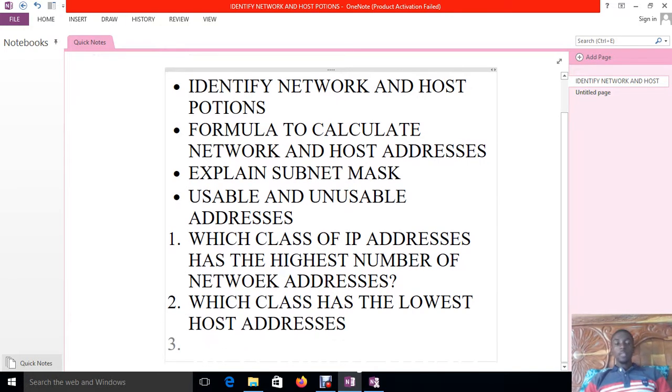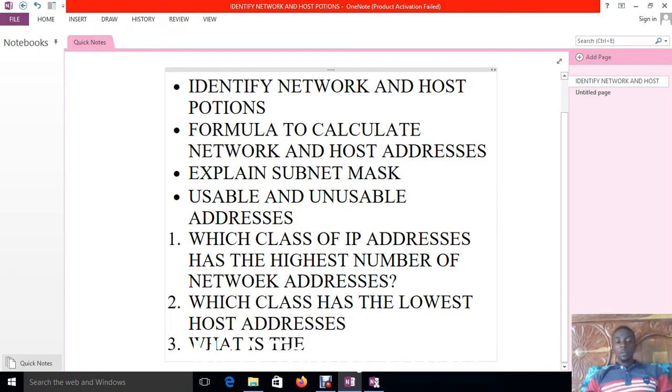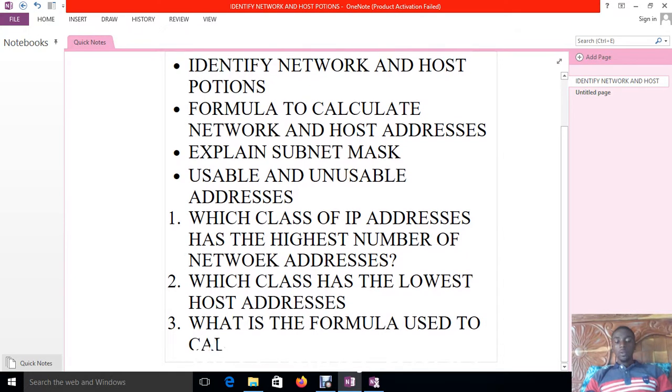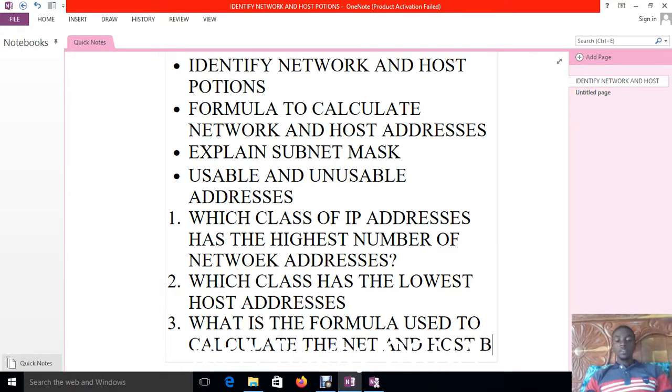Right, that is one question. What is the formula used to calculate the network and host bits?